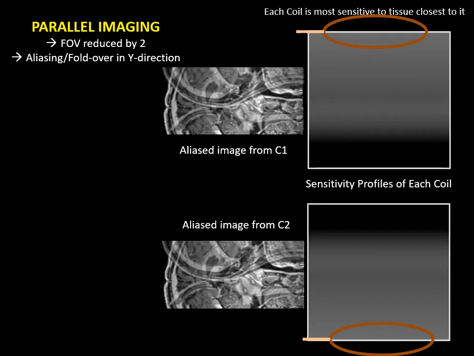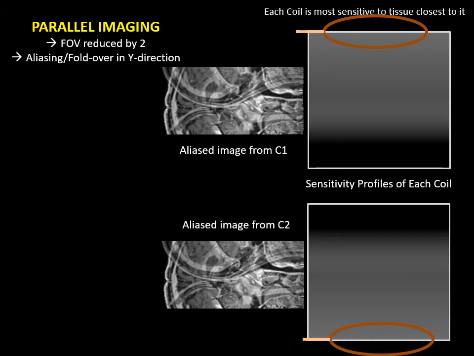When you look at the 2 images in the center of the image, these aliased images from coil 1 and coil 2, they look the same. They're very similar, but they're not exactly the same because they're influenced by the sensitivity profiles of each coil, which are illustrated on the far right. Each coil is most sensitive to the tissue close to it, and the signal it receives will be displayed as whiter, and the signal further away from the coil is displayed as blacker.